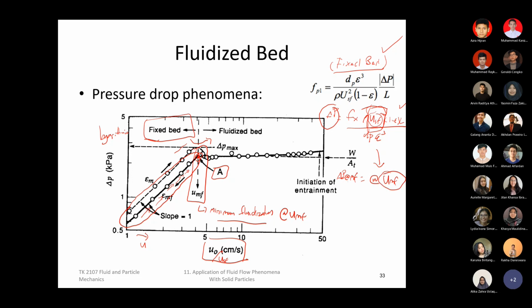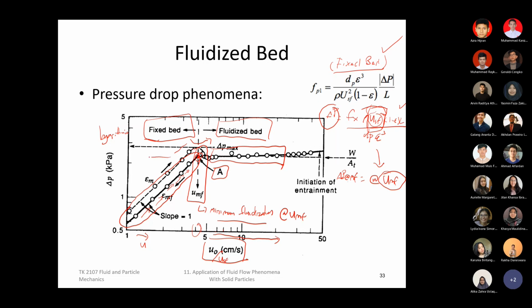But the other interesting thing is when we go into this fluidized bed region, see what's the trend. You keep increasing the velocity. Let's say initially UMF is around 3 or 4 centimeter per second. You increase to 5, 6, 7, 8, 9, 10, even 20, 30.